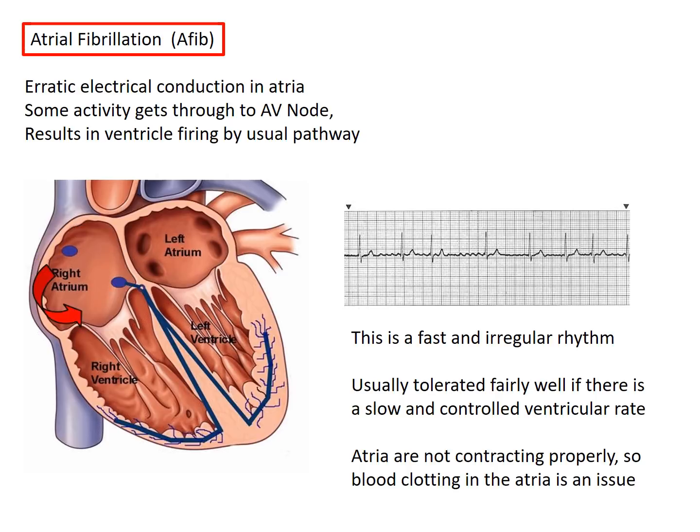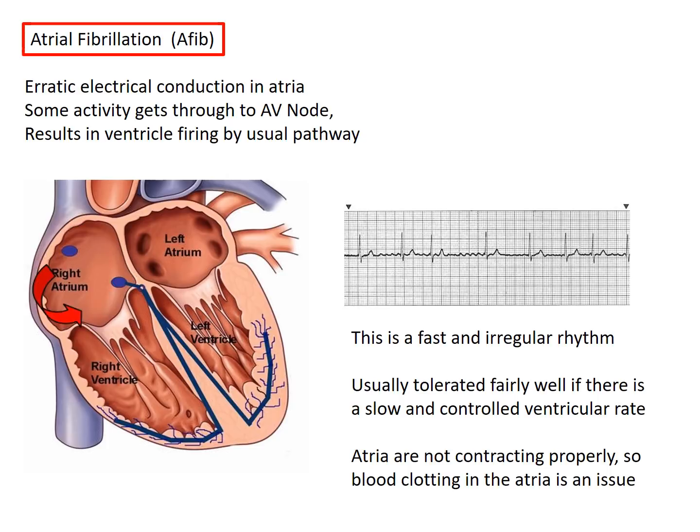Individuals can tolerate atrial fibrillation. Some individuals can tolerate atrial fibrillation for a prolonged period of time, and a lot of that depends on how quick the ventricular response is. In this case, the ventricles can contract properly, but the atria are not. Inefficient contraction of the atria can lead to stagnation of blood in the atrium.